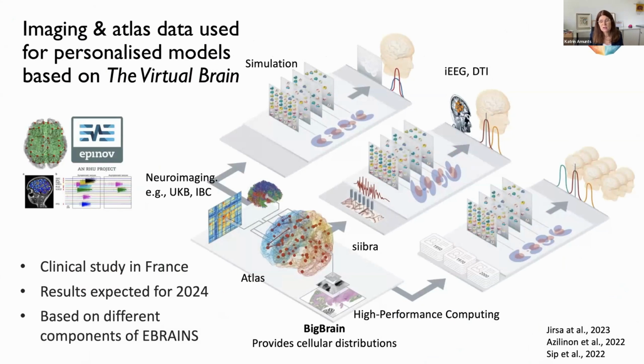One application is from our friend and colleague Victor Jirsa, who is a neuroscientist and theoretician in Marseille. He is using the BigBrain data as input to inform a model, the so-called Virtual Brain, about cellular properties that we have obtained in the BigBrain.